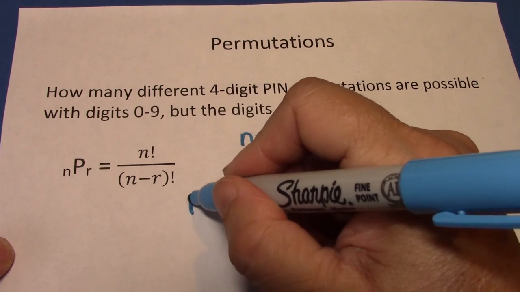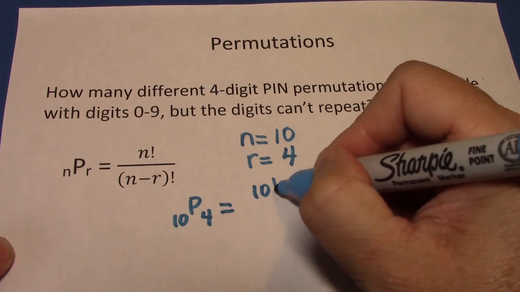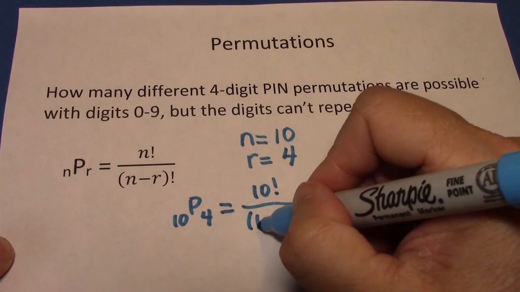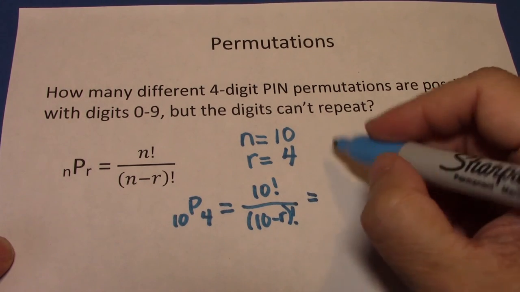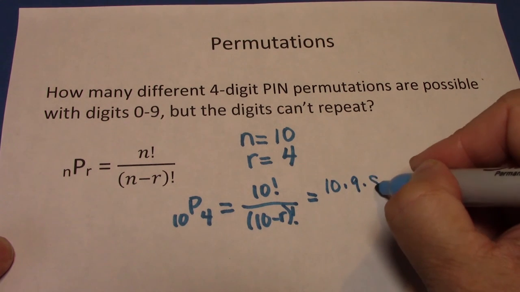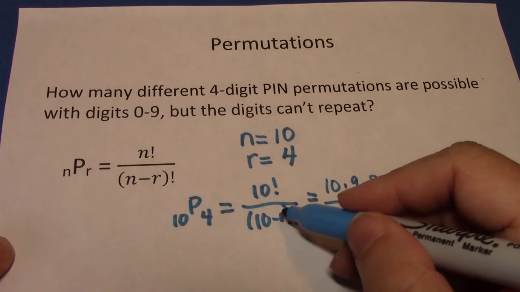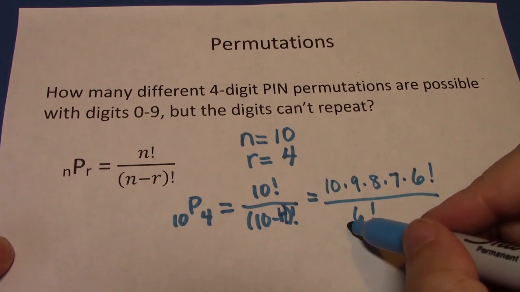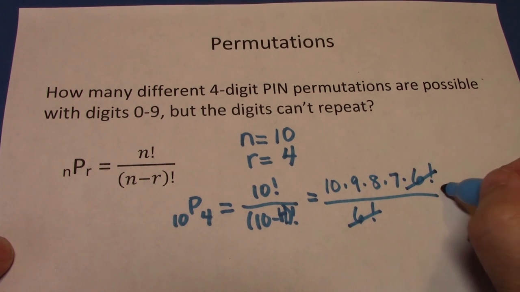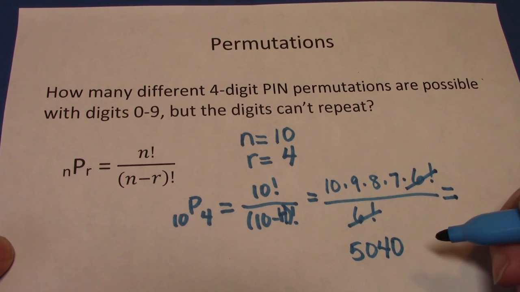So P 10 4 equals 10 factorial over 10 minus r factorial. It's 10 times 9 times 8 times 7 times 6 factorial, 10 minus r, r is 4, over 6 factorial. This cancels out, and we come up with 5,040 different pin numbers when we can't reuse numbers.